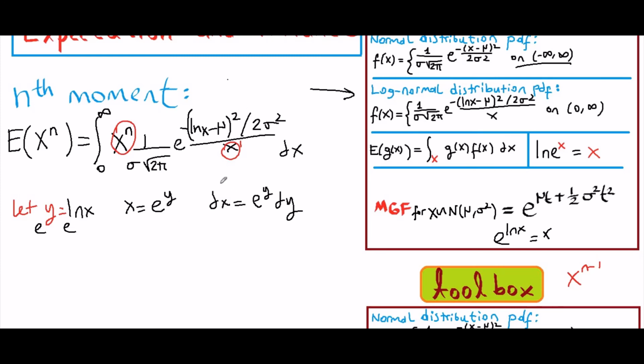Now let's rewrite everything in terms of y. And our limits of integration turn into negative infinity to positive infinity. When x is equal to 0, then y is negative infinity. When x is equal to positive infinity, then y is equal to positive infinity, using the graph of e to the x.